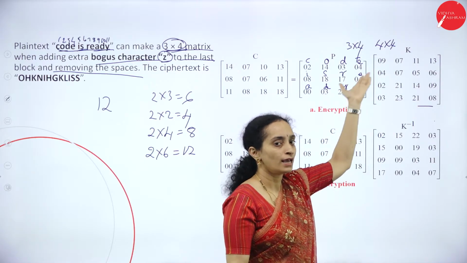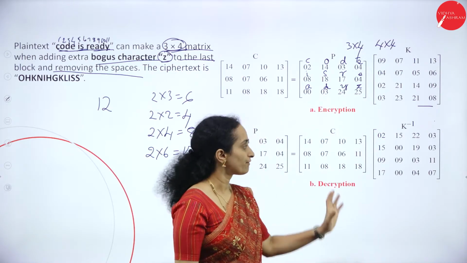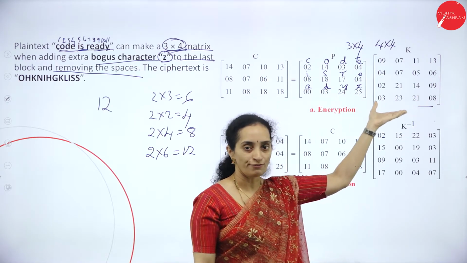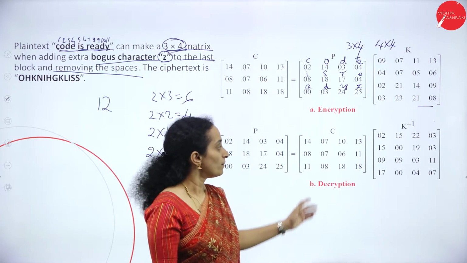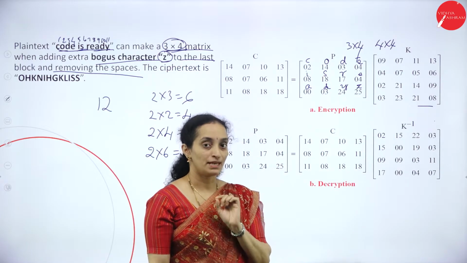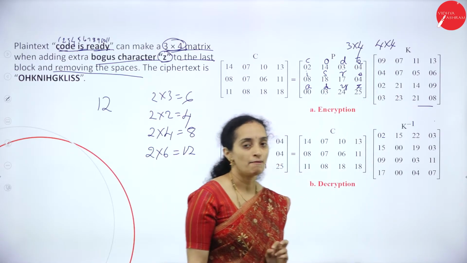You can take any random matrix here, but take care that the key block has a multiplicative inverse. You need a minimum of one multiplicative inverse in the key matrix.